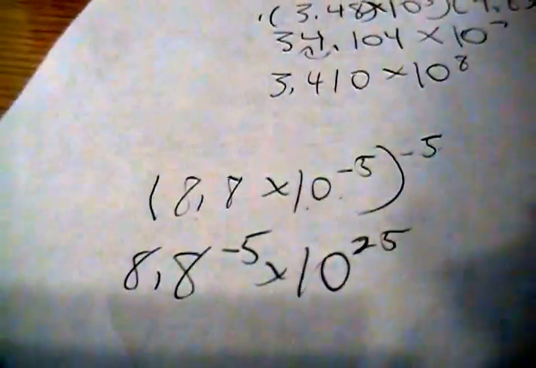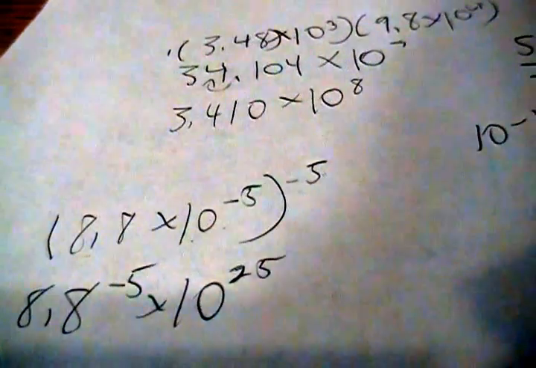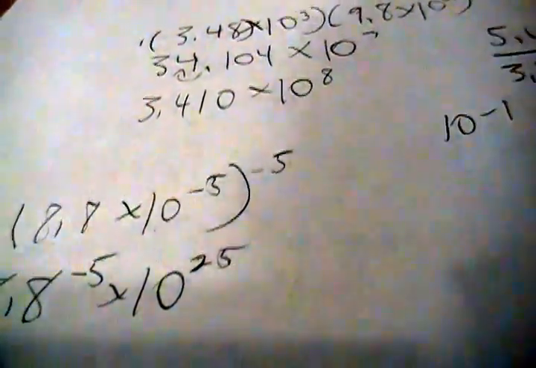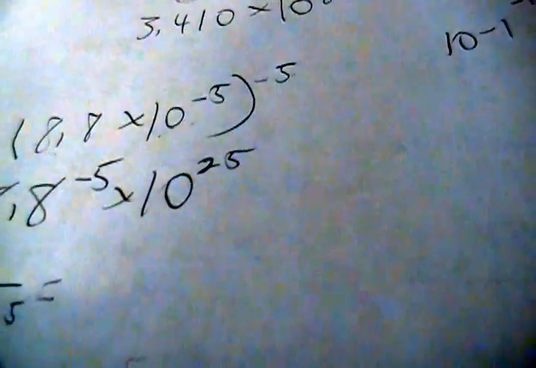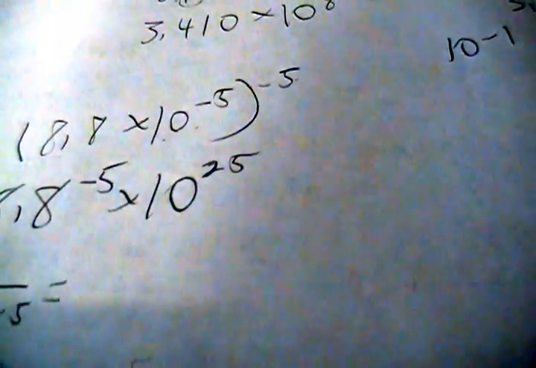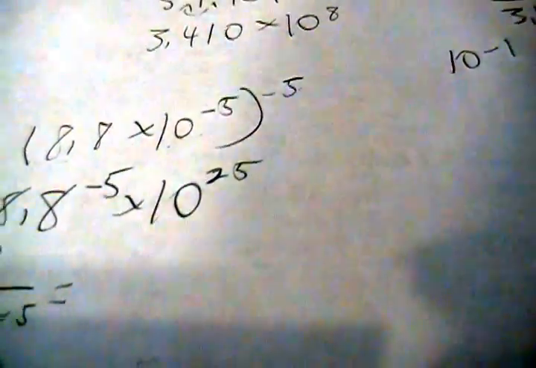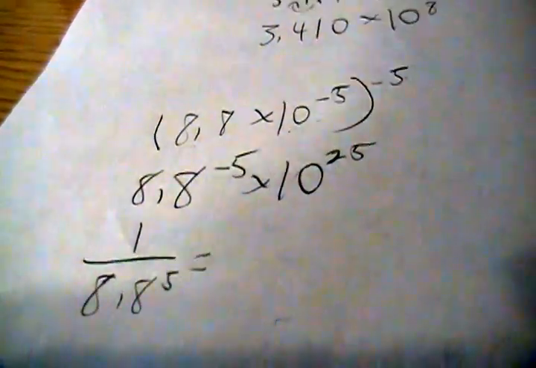So let's calculate 8.8 to the negative fifth power. This is technically 1 over 8.8 to the fifth power, because the negative exponent makes it a fraction. So 8.8 to the fifth is 52,773, and then we're going to do 1 over that.